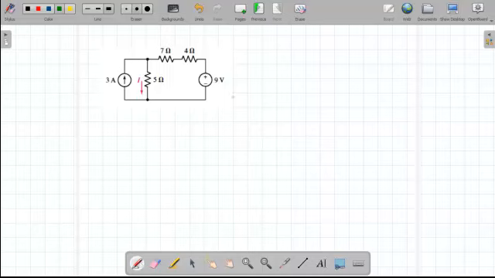First of all, we can combine these 4 and 7. Then we can convert them to a current source and a resistor equal 11.